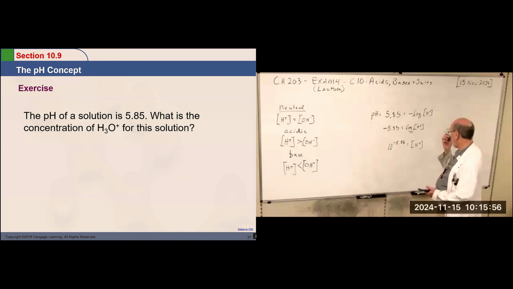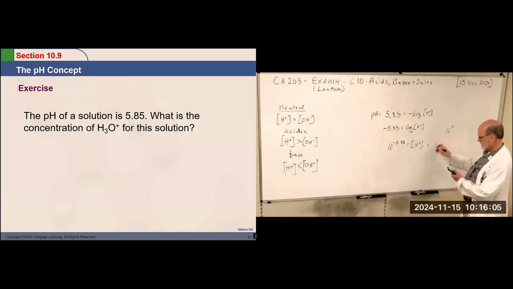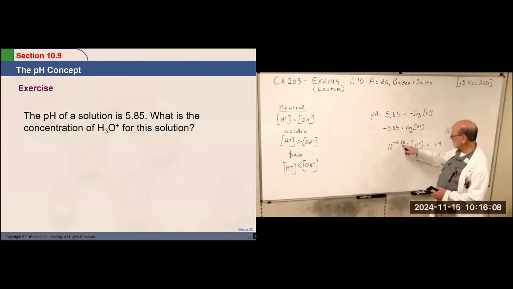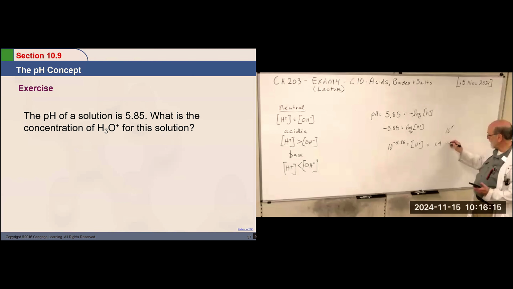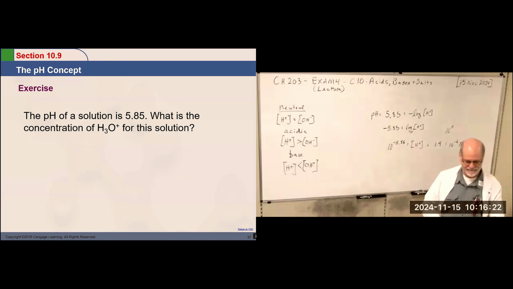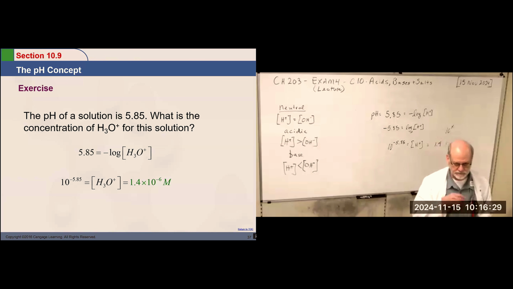So this would be like that. And that's 1.4, let's see, 2 decimal places. So that gives me 2 significant figures, 1.4 times 10 to the minus 6 molar. Okay? There we go.